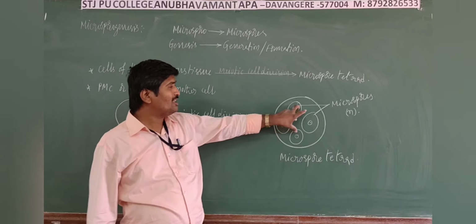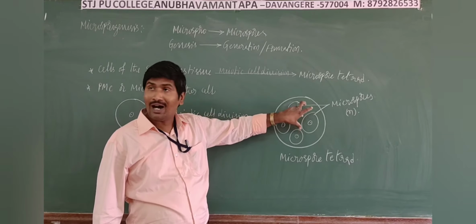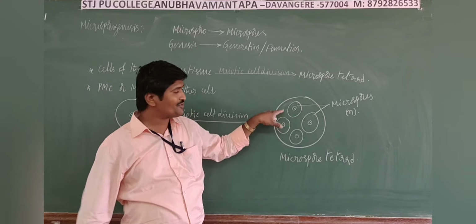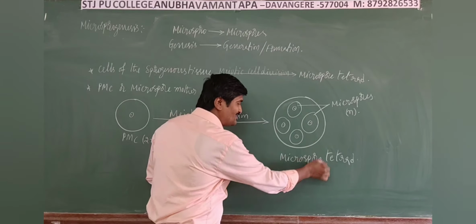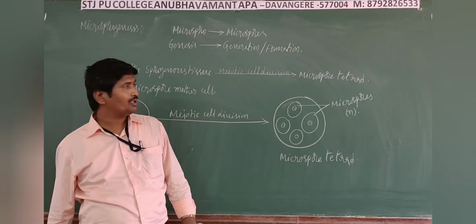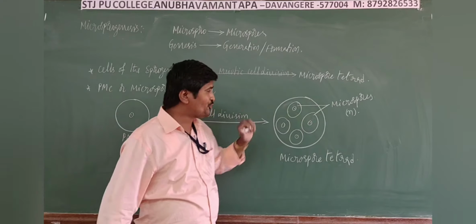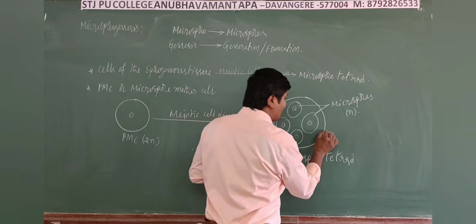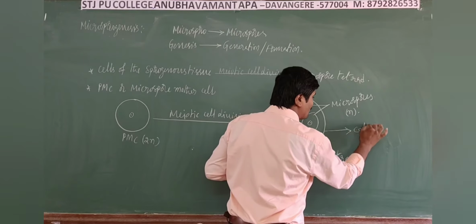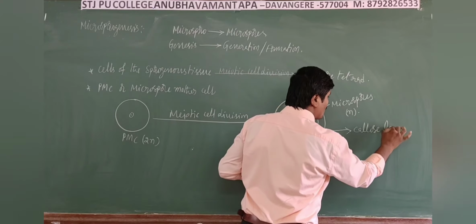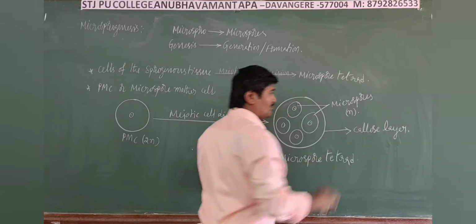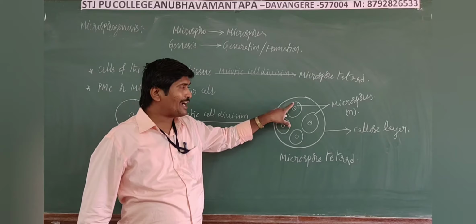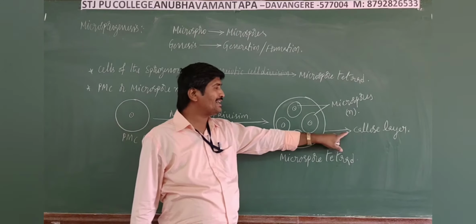The 4 microspores are arranged in a cluster forming a tetrad, known as the microspore tetrad. These 4 microspores are commonly enclosed by the callose layer.